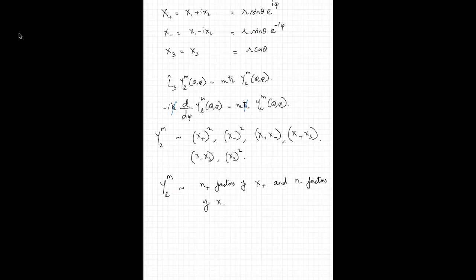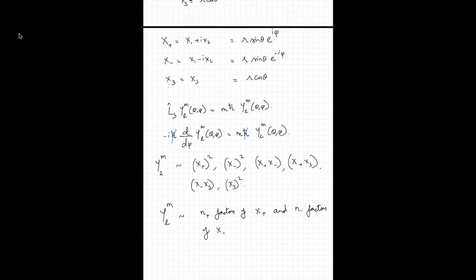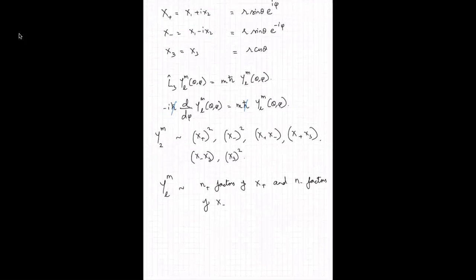So each term has some specific power of x plus and specific power of x minus, because x plus has e to the i phi and x minus has e to the minus i phi, and x3 has no phi's. We are simply counting the number of x pluses and x minuses in a specific term in this polynomial. Okay.